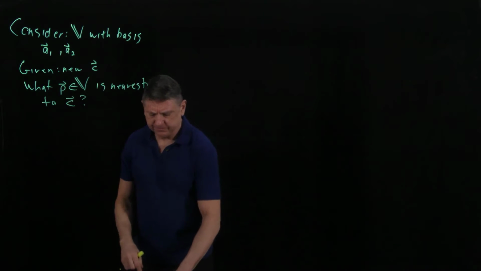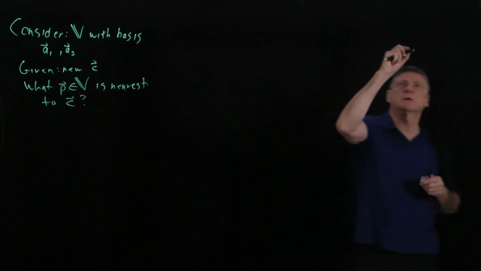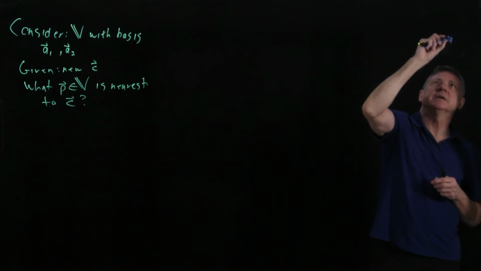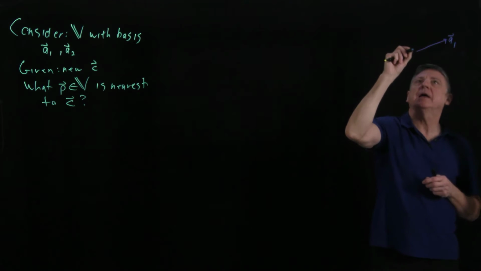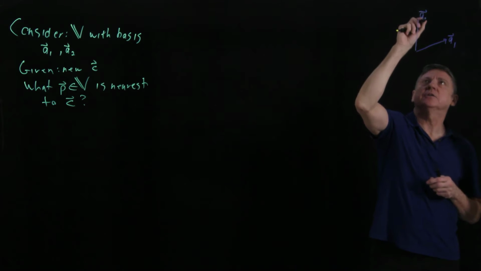Let's draw a picture first. Let's suppose that our given vectors look something like this. This is A1 and this is A2.